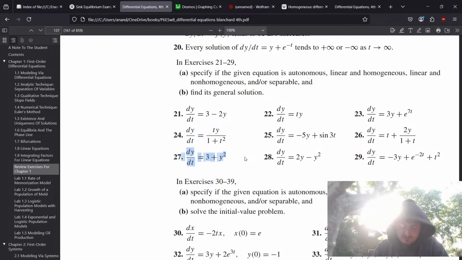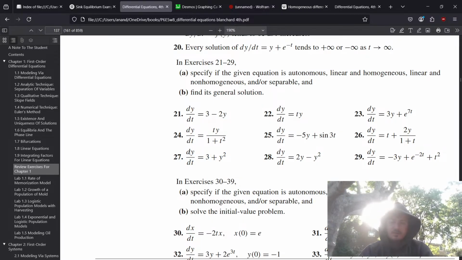dy/dt is equal to 3 plus y squared. All right, so this one, I don't know how to do that one.